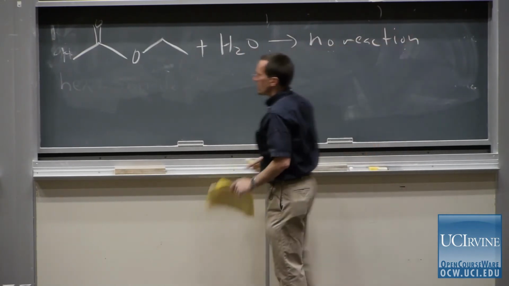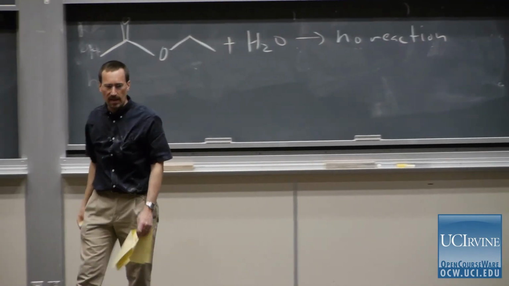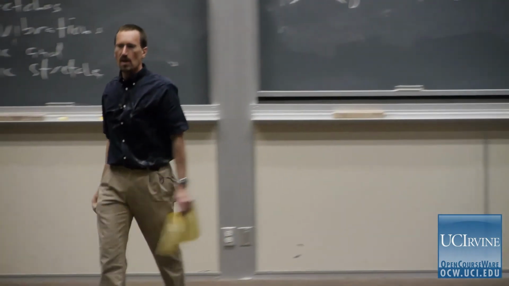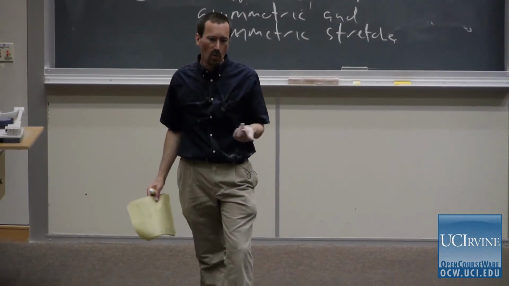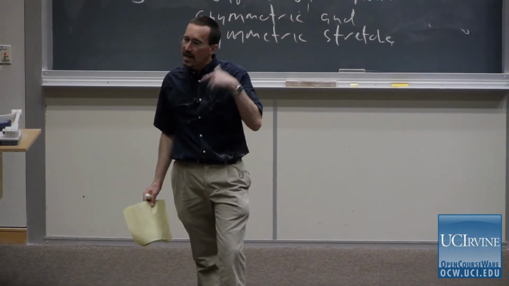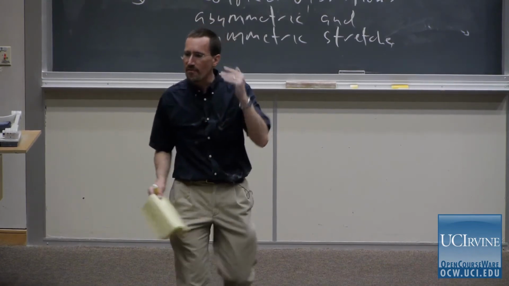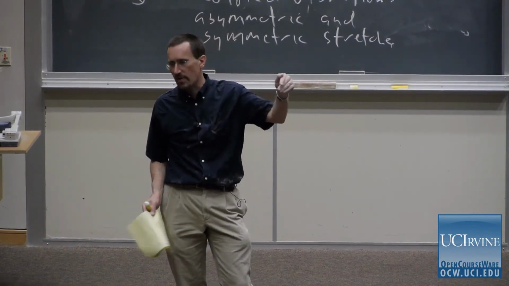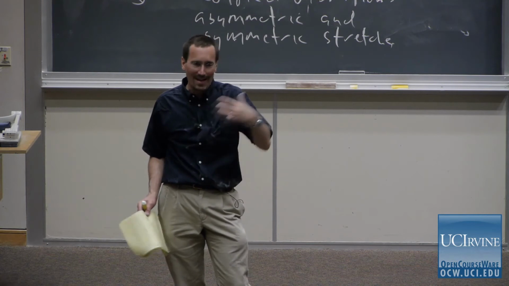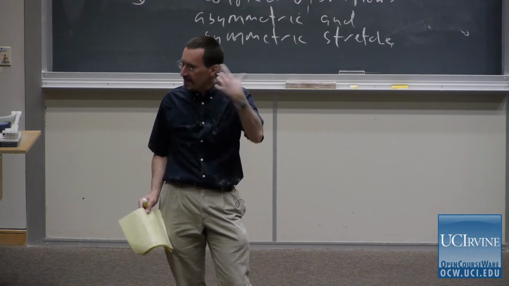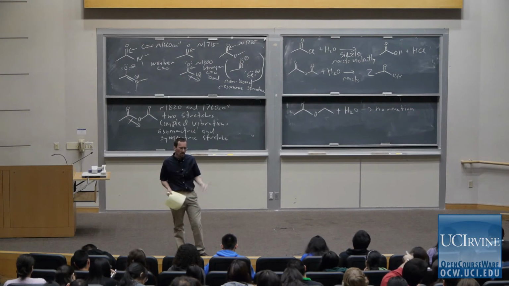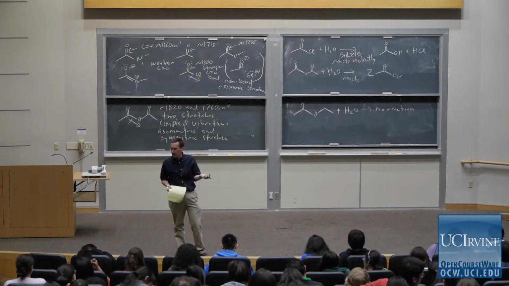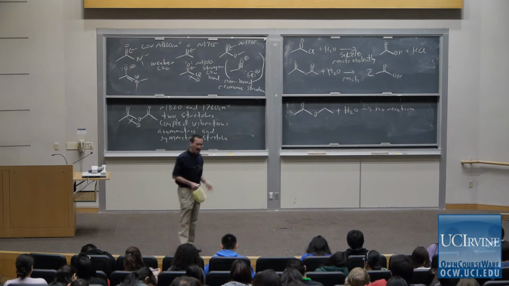We'll learn later how we can hydrolyze ethyl acetate with water, but it doesn't occur by just mixing ethyl acetate and water. I can qualify that. It can occur over a very, very, very long period, like years, or it could occur if you boil the ethyl acetate in water, but for all intents and purposes, there is no reaction.